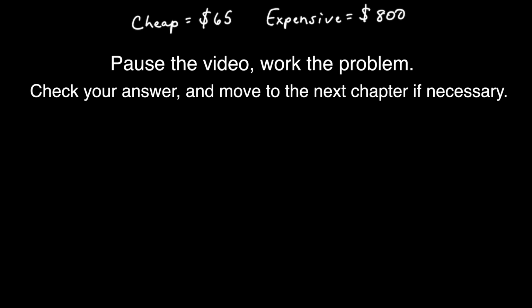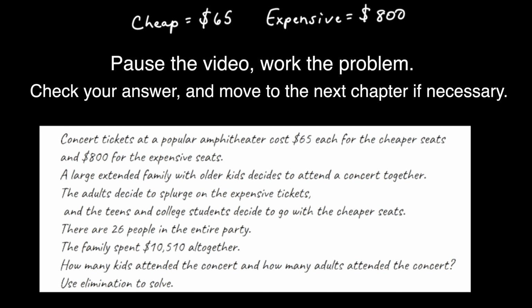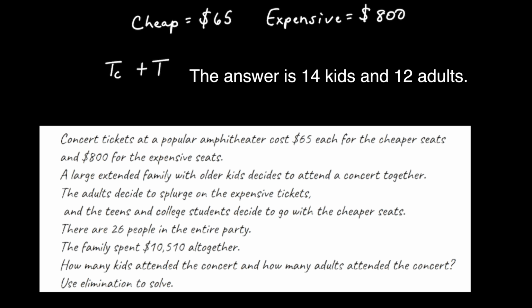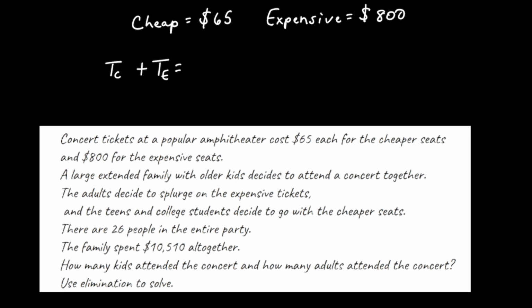First we need to think about the cheap tickets and the expensive tickets, and figure out how many tickets of each are going to be bought. So the total number would be the same as the total number of people in the family, which is 26.